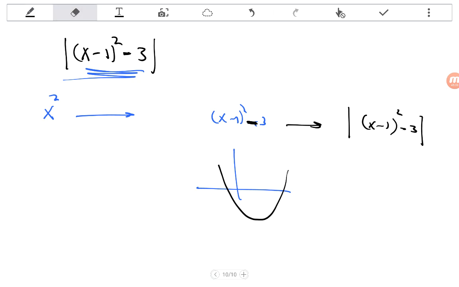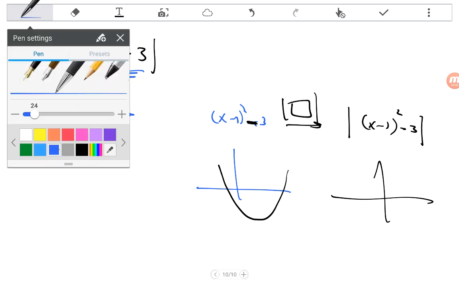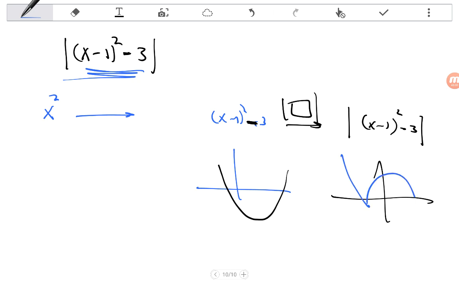What would be the result if I take the whole function and put it inside the absolute value? I just take the negative part below the x-axis and take it up. So it would be something like this.